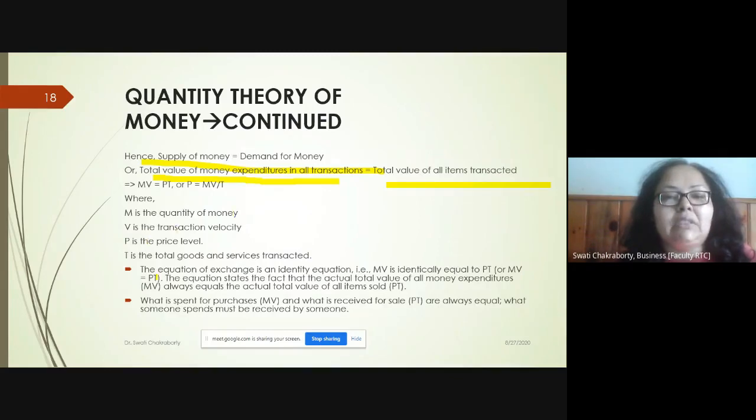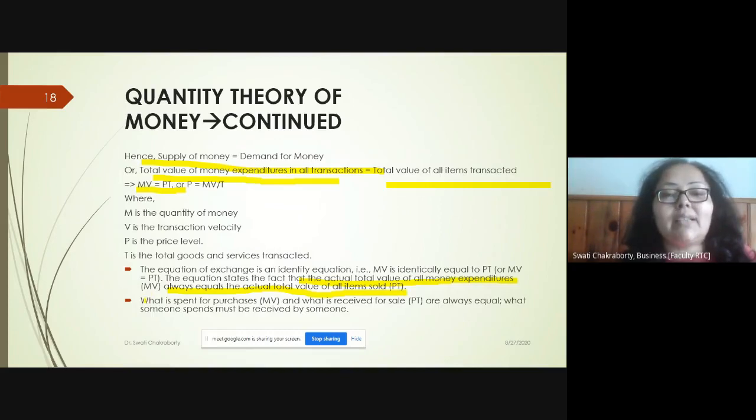Now the equation of exchange is an identity. See this? The identical equal sign means identity. MV is identically equal to PT. And what this equation says is that the actual total value of all money expenditure is always equal to the actual total value of items sold.